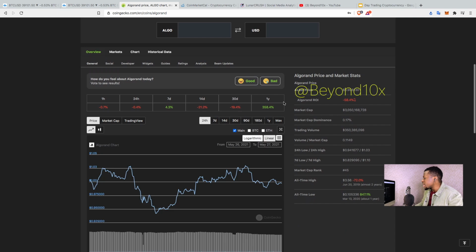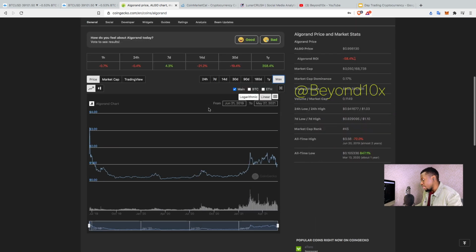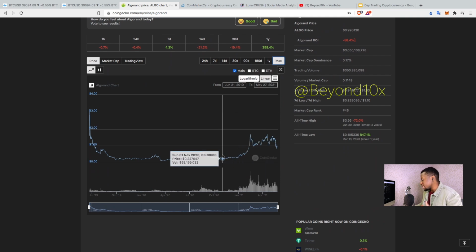So if we take a look at this particular cryptocurrency, Algorand, and look at the volume, on 26th October 2020 the volume was around 55 million per day.